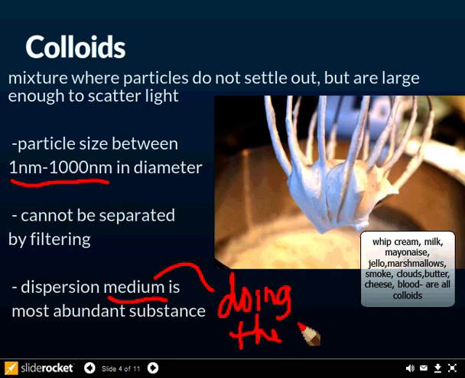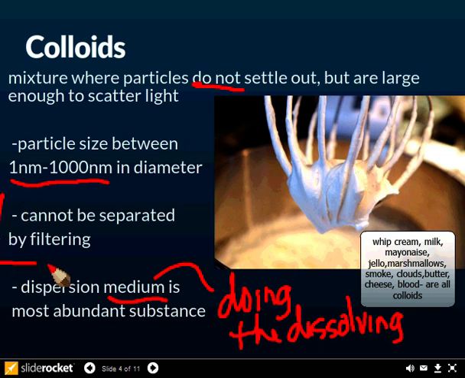The dispersion media can suspend the particles, and they're not large enough to settle out, so they do not settle out, but they are large enough to scatter light, and we will talk about that shortly.